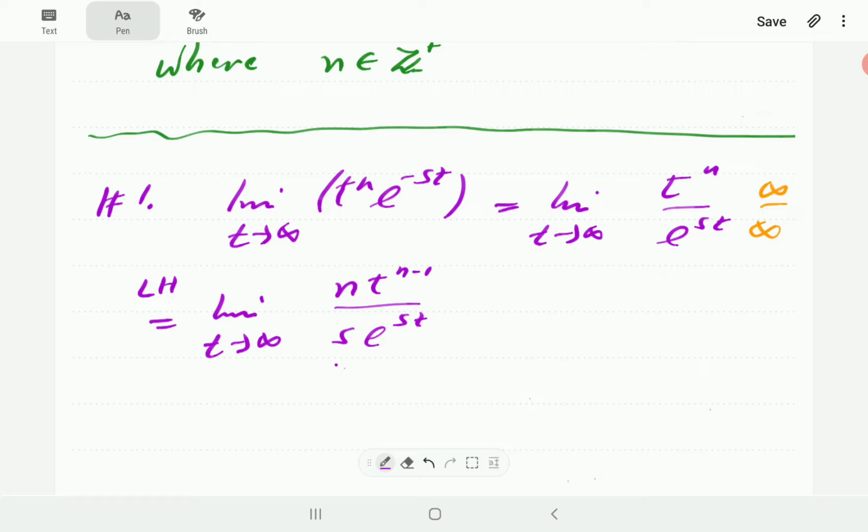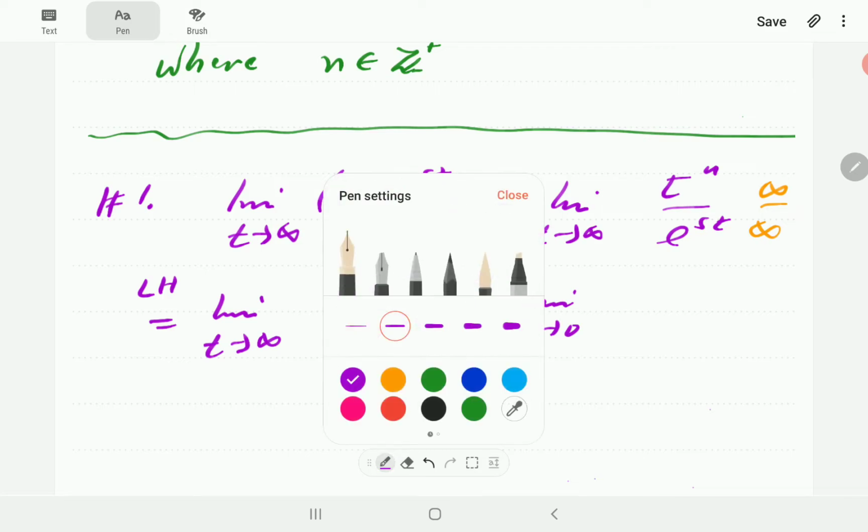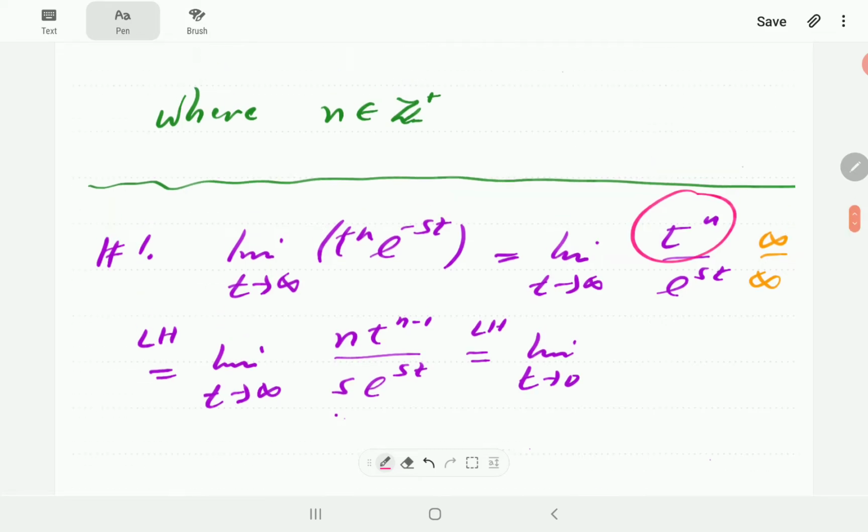But letting t go to infinity is still giving us the infinity over infinity indeterminate form. So that means we are going to apply L'Hopital's again. Now, if we do this n times from here, then what's going to happen is that the numerator, differentiated n times, is going to give us n factorial.